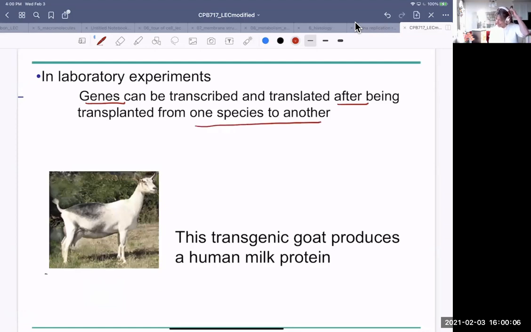So this is a goat, for example, that uses a human gene for a milk protein. Any animal that has genes from a different species is called a transgenic. And it produces a human milk protein that can be harvested from the goat.